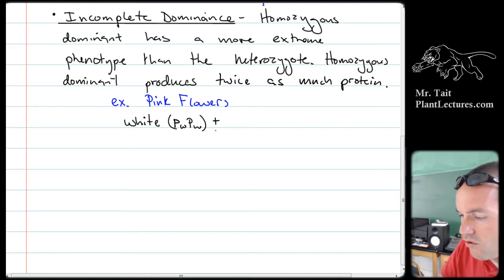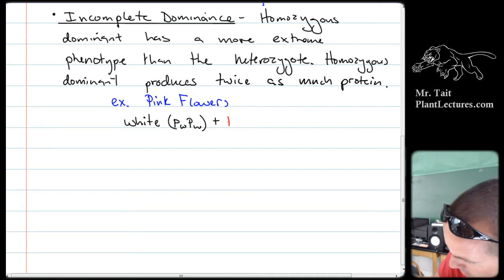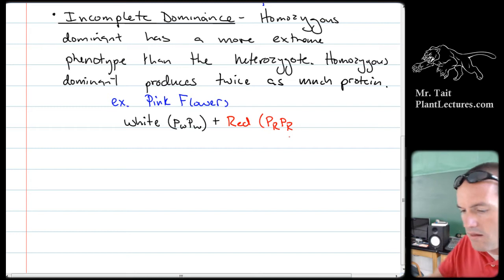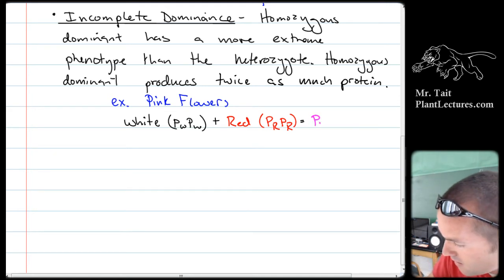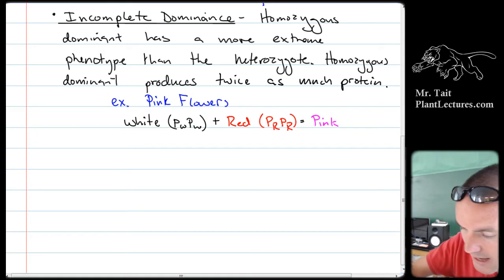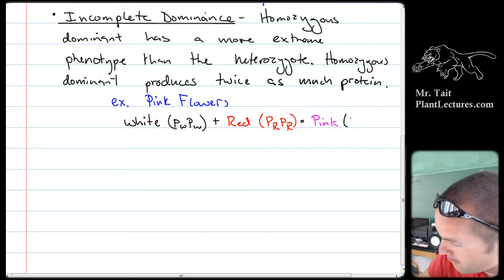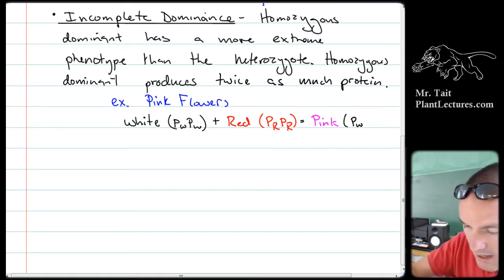Okay, and you crossed it with a red flower. That would be pigment red. The resulting offspring would then be pink, because they are going to have one pigment white and one pigment red.